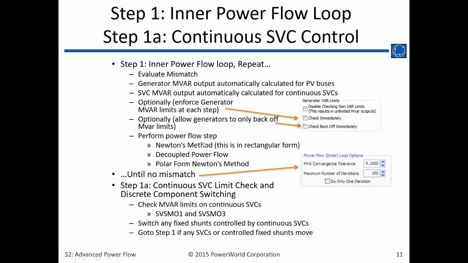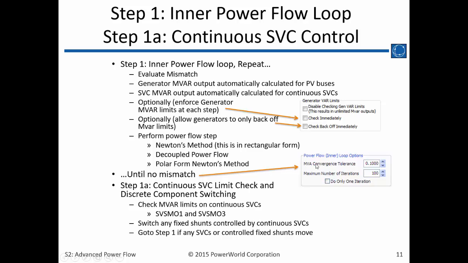And then it performs the power flow step, which is it solves Newton's method. By default, it's in rectangular form. There's also an option in Simulator to do a decoupled power flow or to do the polar form of Newton's method. But by default, the most commonly used one is the rectangular Newton's method. And you do that until there's no mismatch.